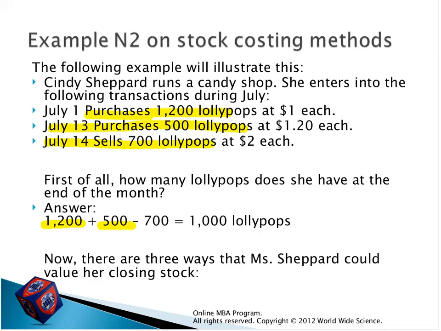So we have 1,000 lollipops of inventory at the end of July. Now there are 3 ways we can value our inventories, which are lollipops, right? Let's see. I do hope you understand the assignment itself.